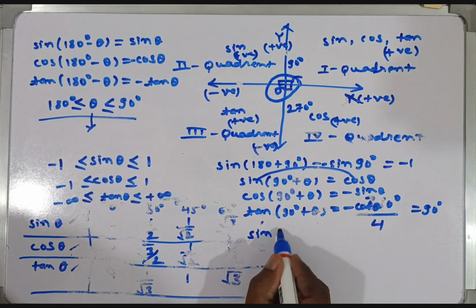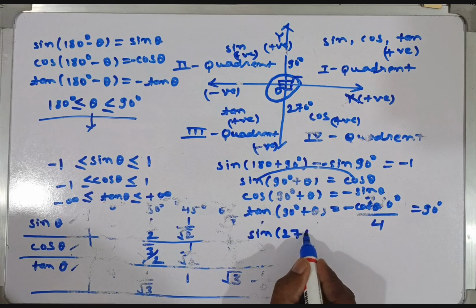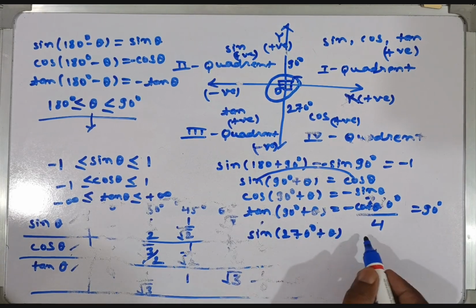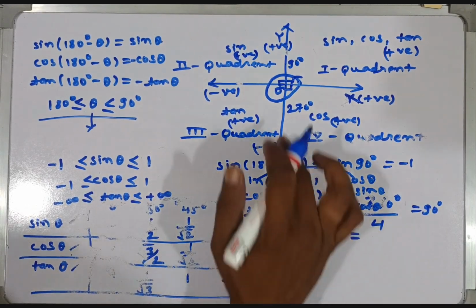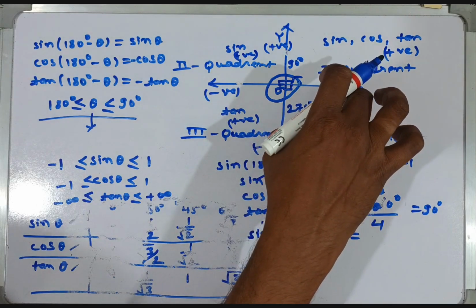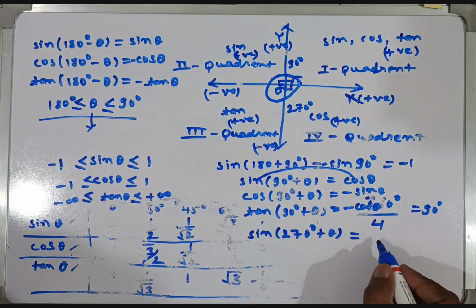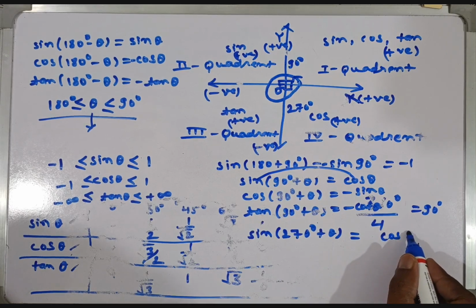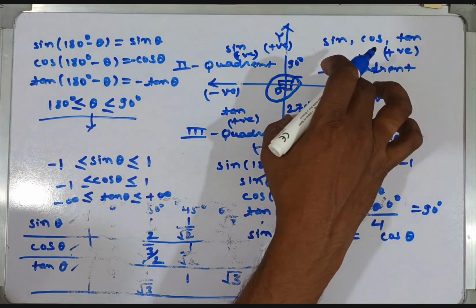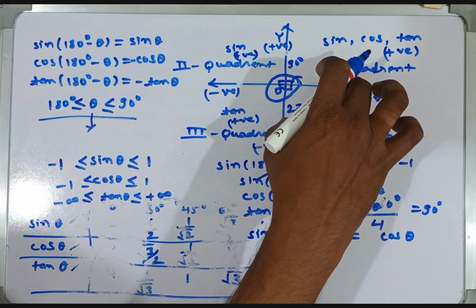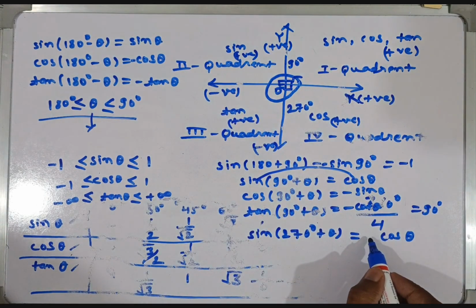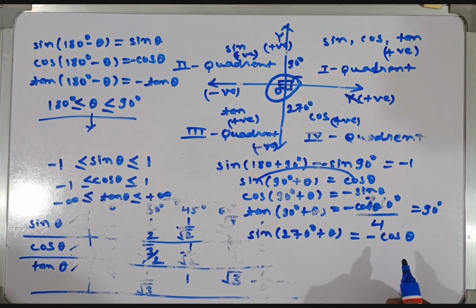Suppose I write sine of 270 degree plus theta, this is coming in the fourth quadrant, so sine becomes cos and this becomes theta. However, this is not the quadrant of sine, so we put a minus sign.